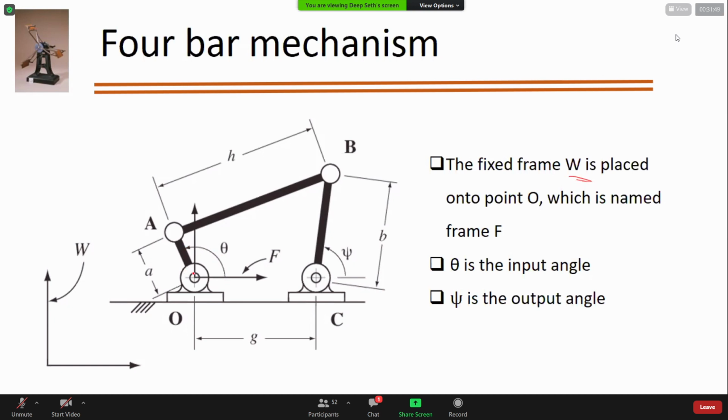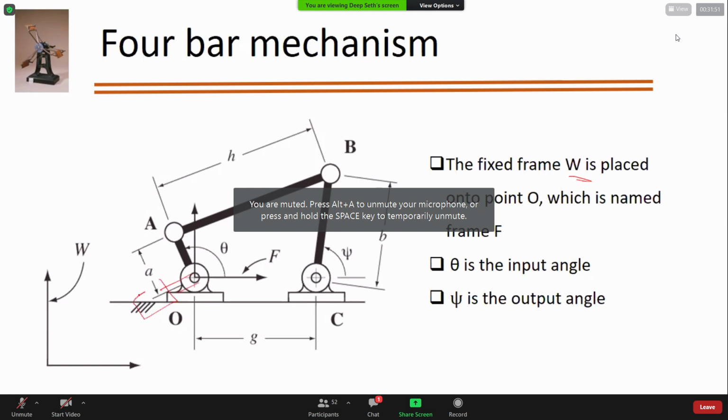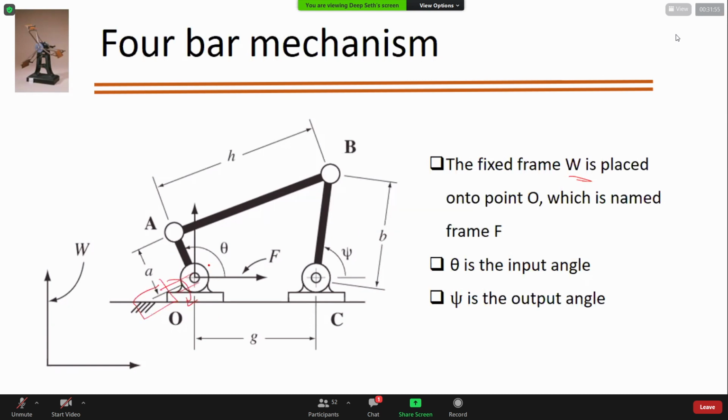Let's say you attached a motor over here and from that you are giving an input. So how much angle of rotation you give in the motor, accordingly you will get motion over here. And psi is your output angle, which you are getting as output.